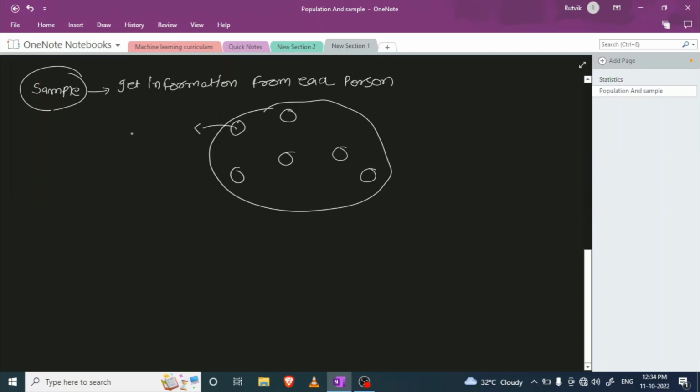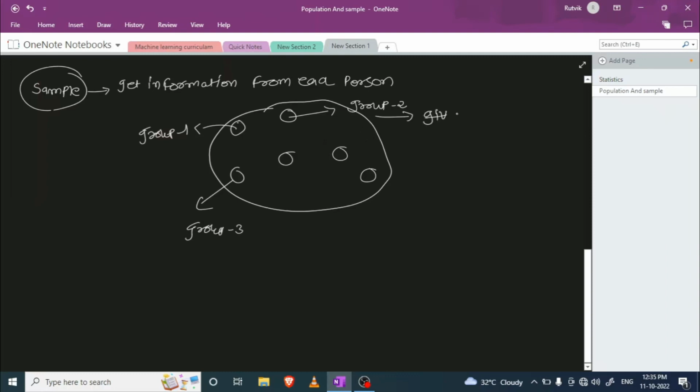I get this whole group's information and name it group one. I do the similar thing and generate a conclusion for group 2, group 3, and so on. Whatever conclusion I get from group 1, group 2, group 3 and group n, I will merge them and come up with a different conclusion.